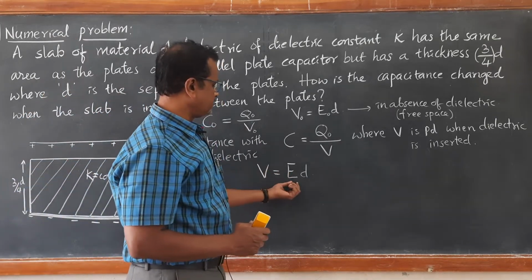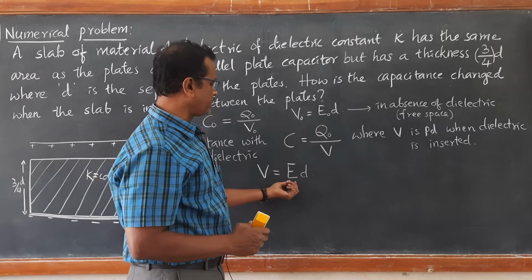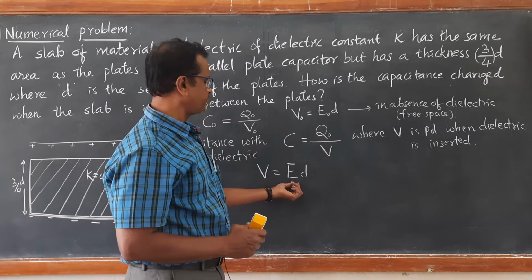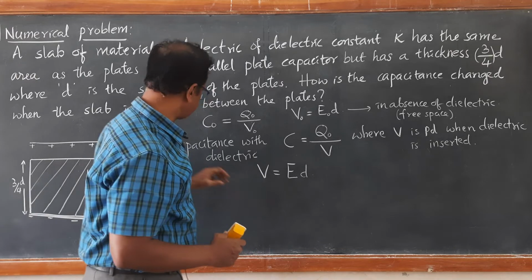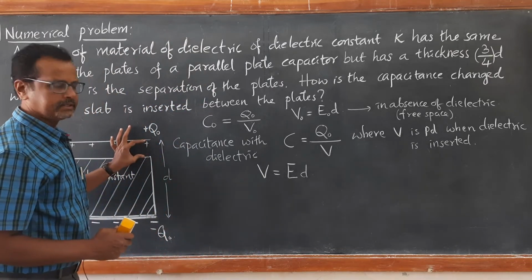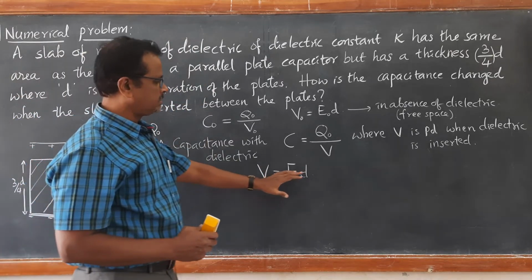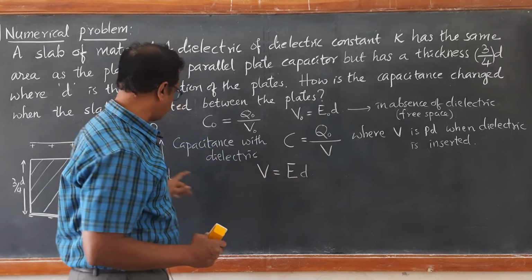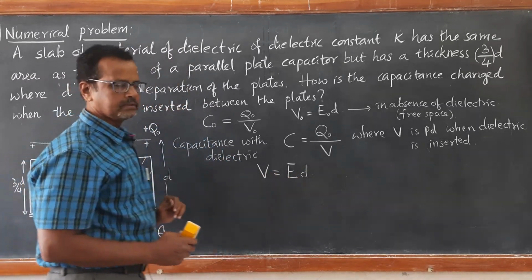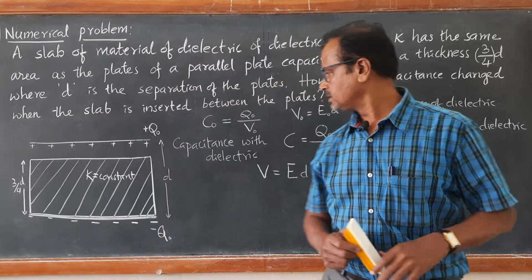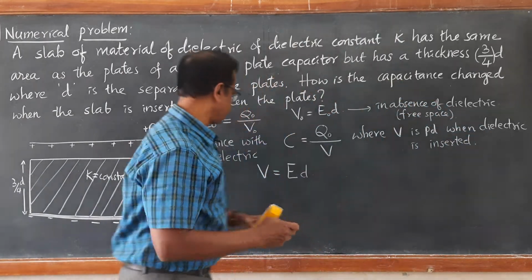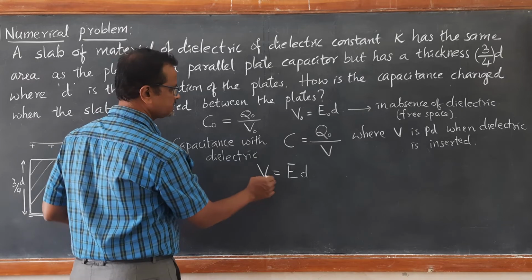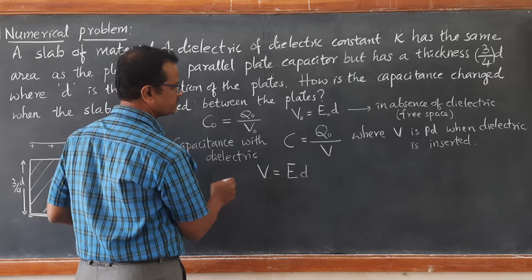Then E can be written as the sum of E naught, which corresponds to 1/4 of D, plus the remaining electric field of the 3/4 portion. That's how we'll write the electric field. This is V, the potential difference with the dielectric.